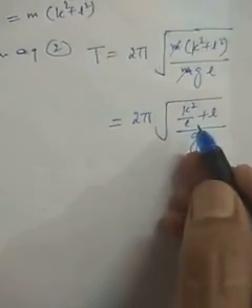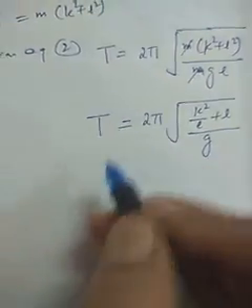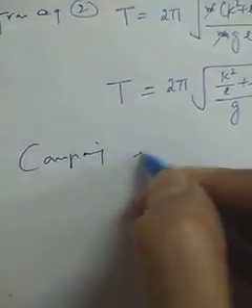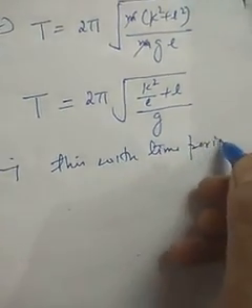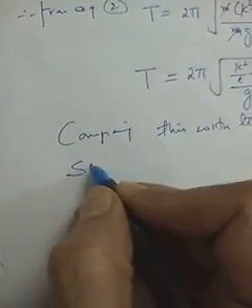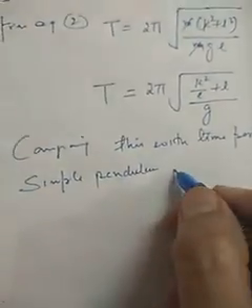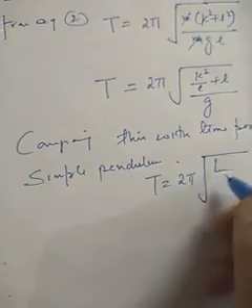I did it in this way, I have written this particular term in this way, so that I can compare this expression for the time period of the compound pendulum with the expression for the time period of a simple pendulum, that is T equals 2 pi root of L divided by g.